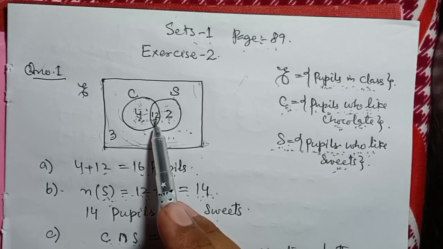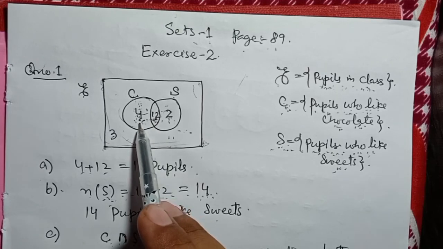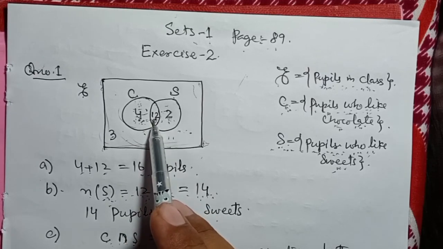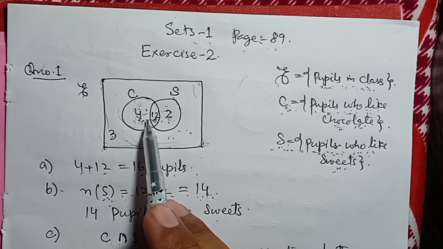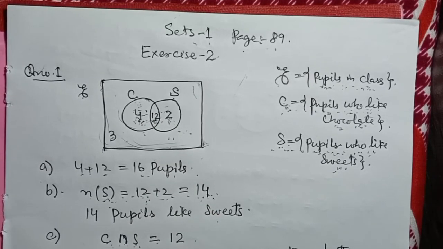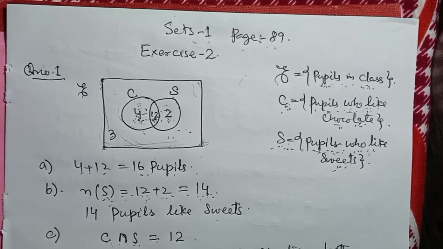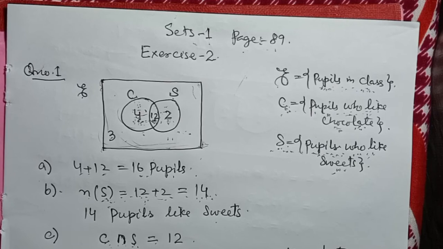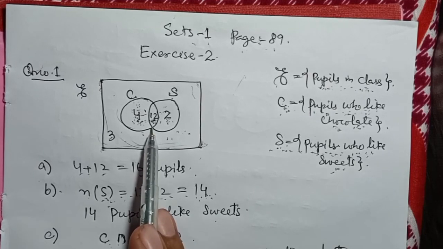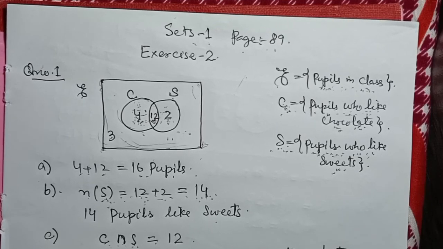Because we can see here 12 is in common for C and S. So 12 pupils are in both sets C and S. How many pupils are there in C intersection S? That is 12. What does this mean? How can we write it in words? This means these 12 pupils like both chocolate and sweets.